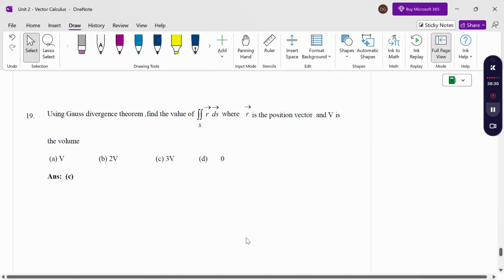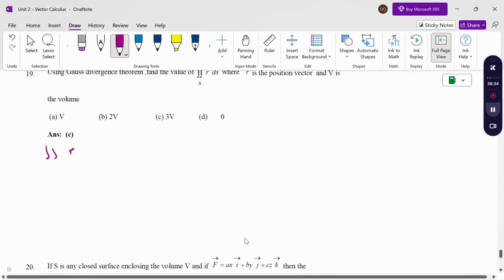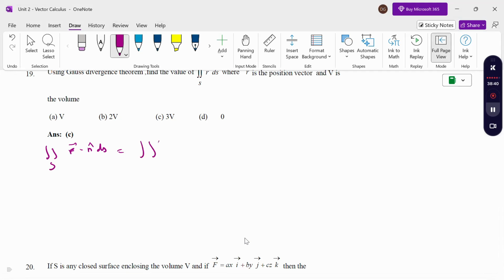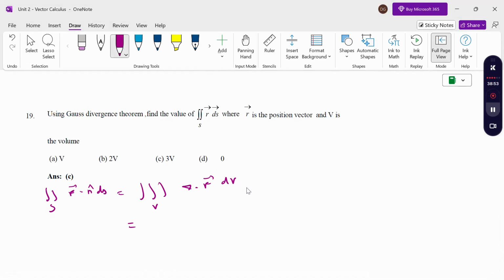Now how to calculate this? See, double integration of F vector dot n cap dS. This is a surface. Now triple integration of del dot F vector into dV over V. Therefore this term del dot F vector, so what is the value here?